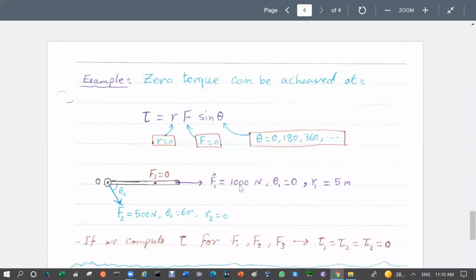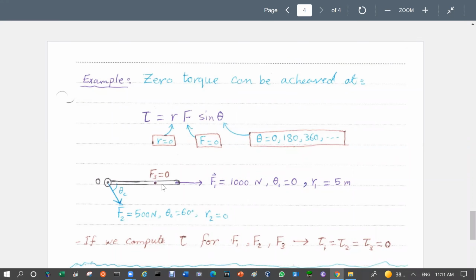If you apply 1,000 Newton, but theta is equal to 0 here because the force is in the same direction as the radius, the angle between the radius and the force is 0. Whatever the radius is, the torque is equal to 0. If you pull the door in this direction, it will not affect it rotationally. If you push it in this direction, there is also no rotational effect.